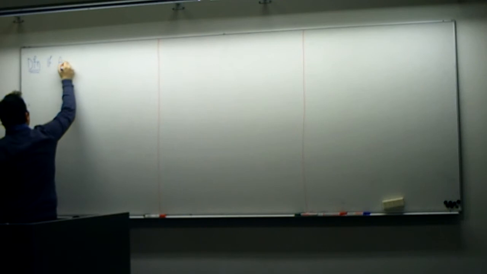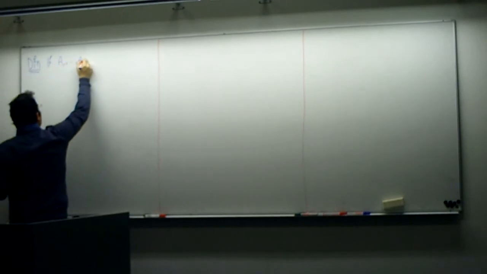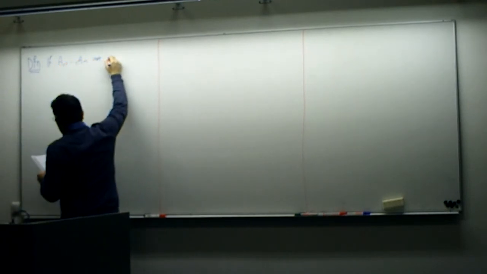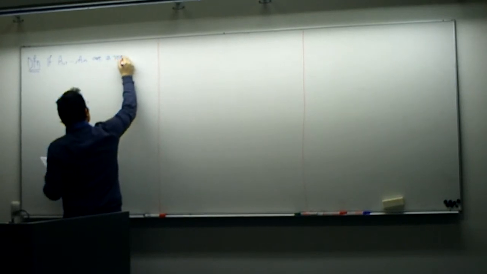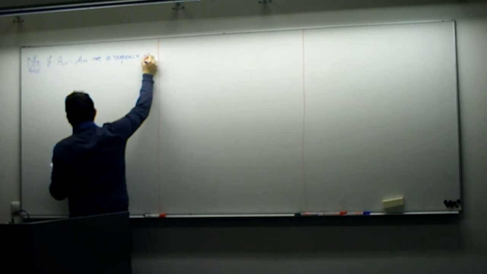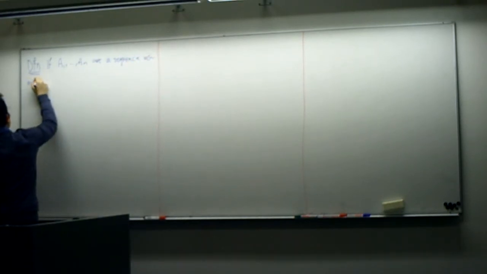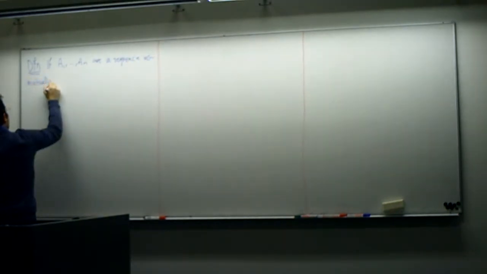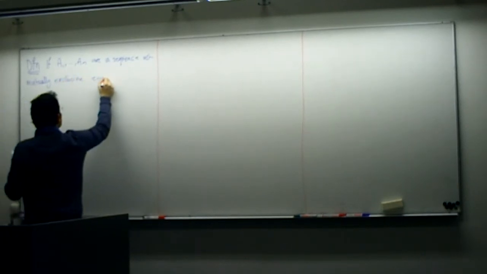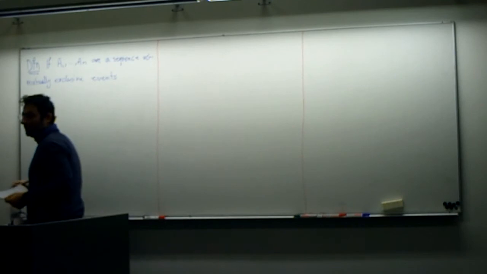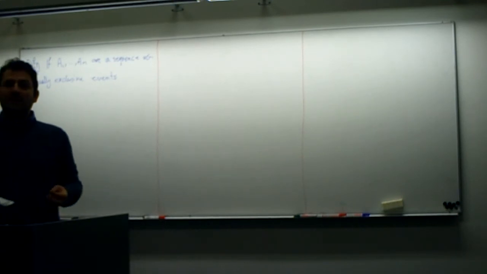If A1 till AN are a sequence of mutually exclusive events. What does it mean, mutually exclusive?